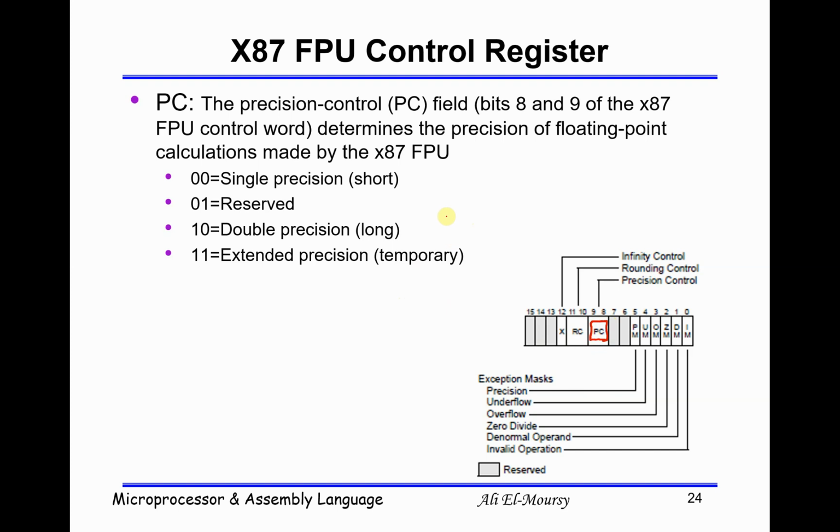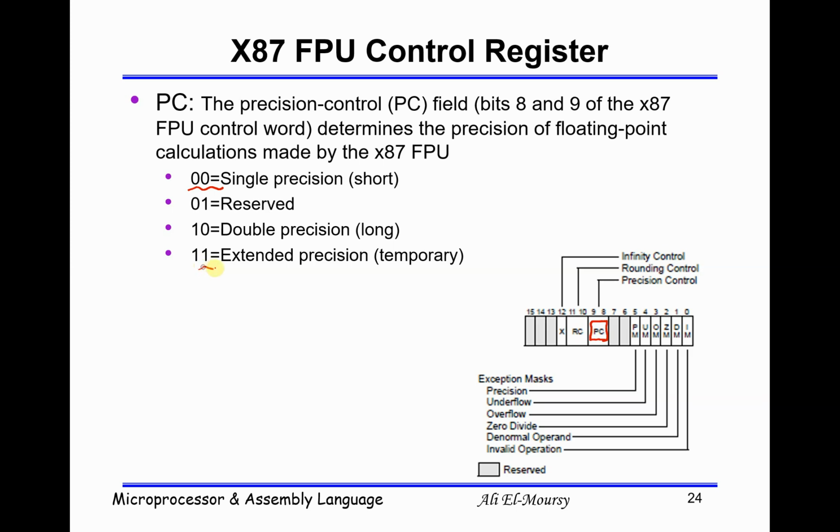As we mentioned, we are using floating point, and floating point has different flavors: the single precision, which is 32 bits, the double precision, which is 64 bits, and the extended precision, which is 80 bits. As we know, the registers are 80 bits, but if I set the machine to single precision, that means I am using only 32 bits of the 80 bits of the registers. Or I can go to the double precision, 64 bits, or the 80 bits.